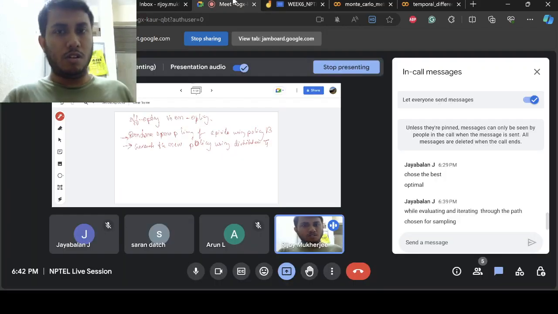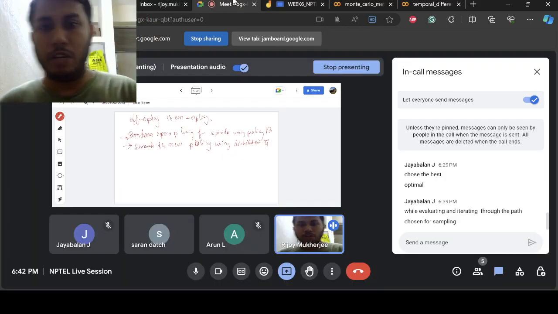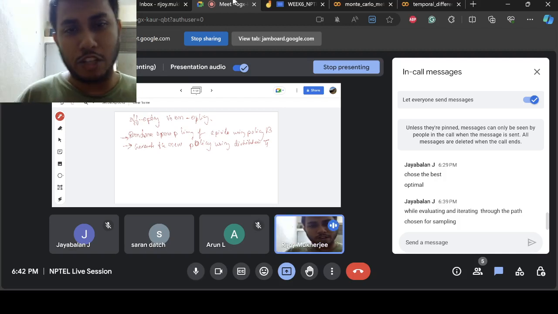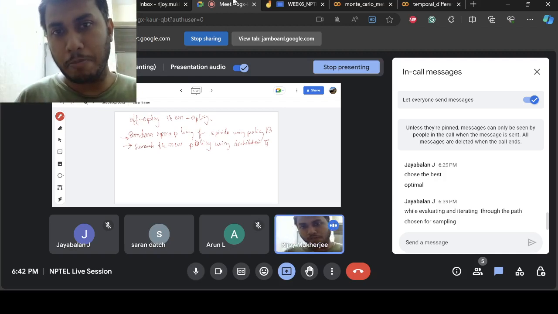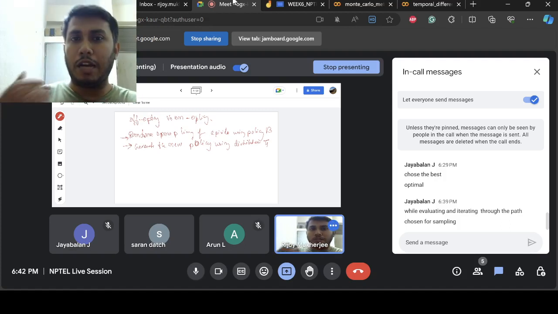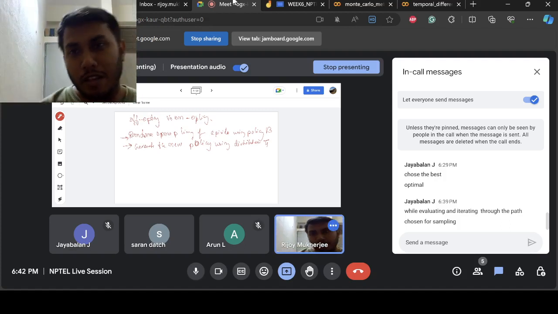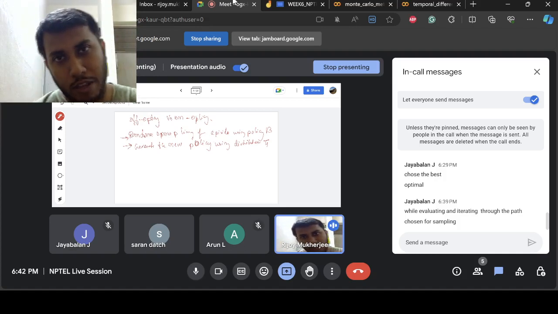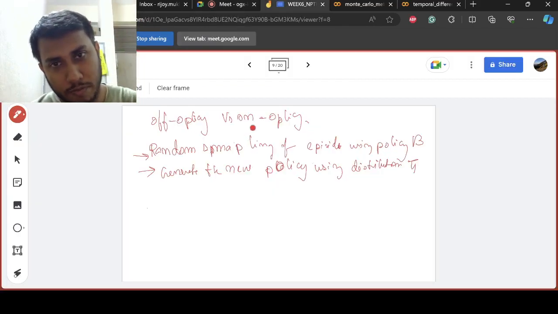That is the difference. Previously we were using pi for initializing, for random sampling we were also using pi, and when we were designing a new policy, we were updating the policy also using pi. So that is your on policy. Everything comes from the same source.